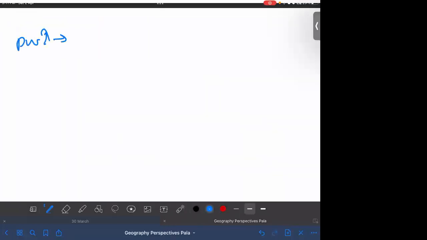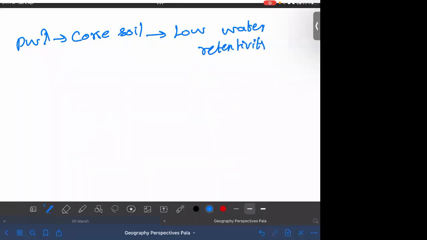High physical weathering means what? Coarse soil, coarse texture. That will mean what? Low water retentivity. Chemical weathering is what always converts soil into smaller particles. Physical weathering would be forming larger soils with larger size.